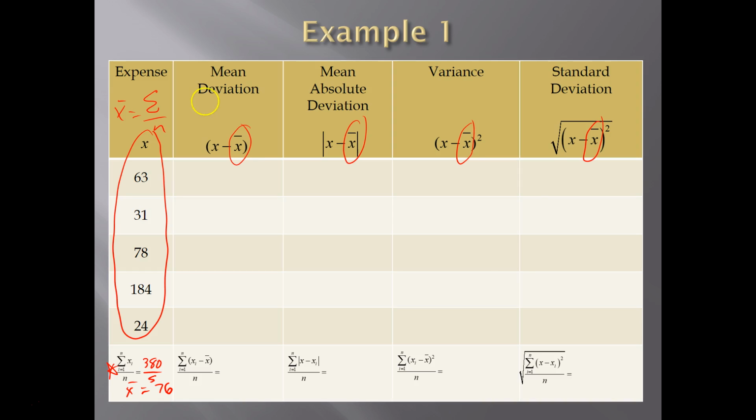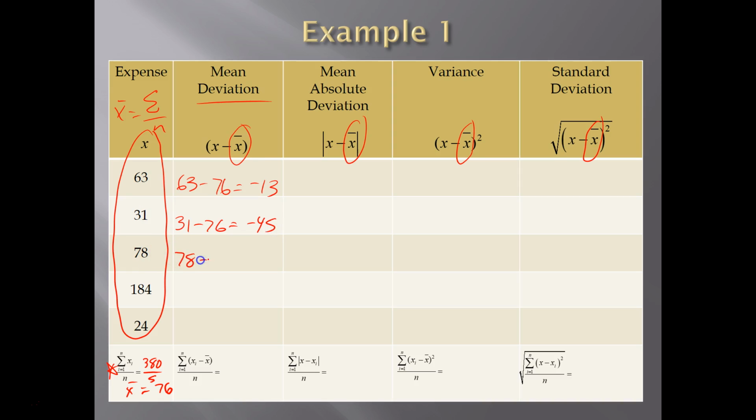The mean deviation is how far do these deviate from the mean. So what we do is we take the data value, 63, and we subtract the mean, 76. And when we do that, we get negative 13. How far does the next one, 31, deviate from the mean? So you subtract the mean away from it. And when you do that, you get negative 45. Do it on all these.